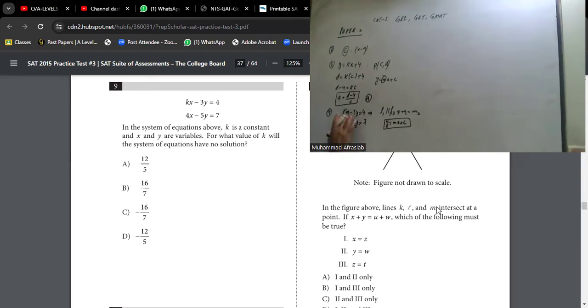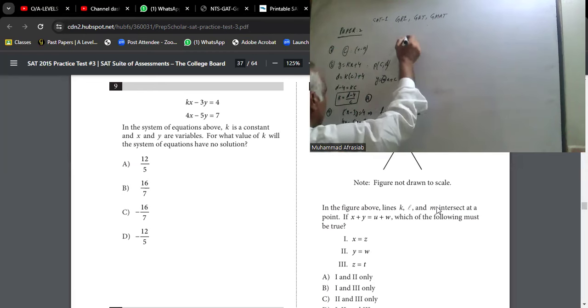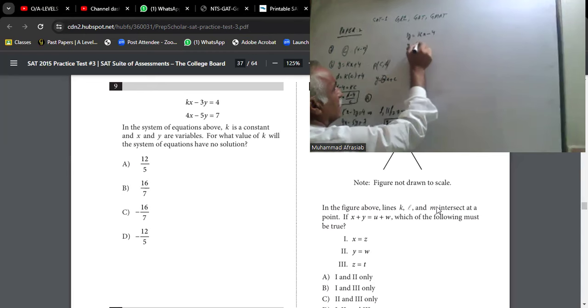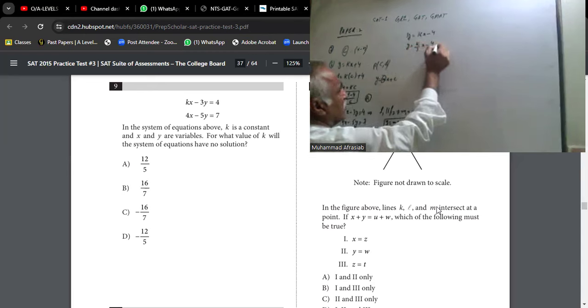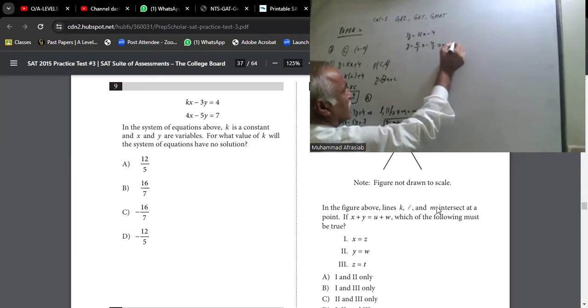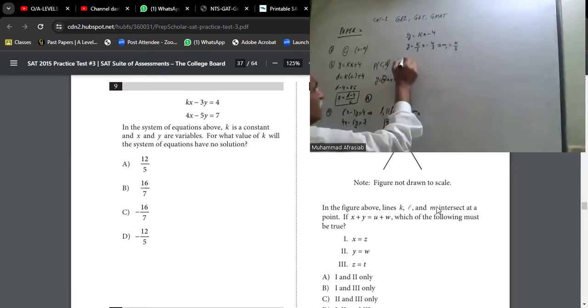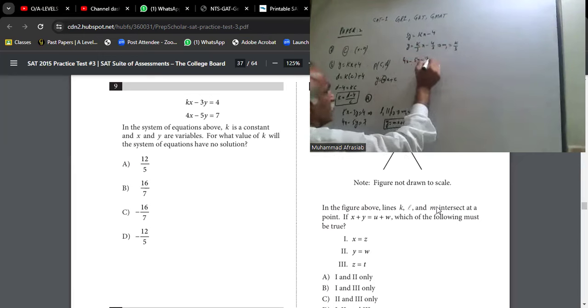So from this, kx minus 4, so 3y is equal to kx minus 4, or y is equal to k over 3 x minus 4 over 3. So the slope of this line first is k over 3. And for the second line, 4x minus 5y is equal to 7.